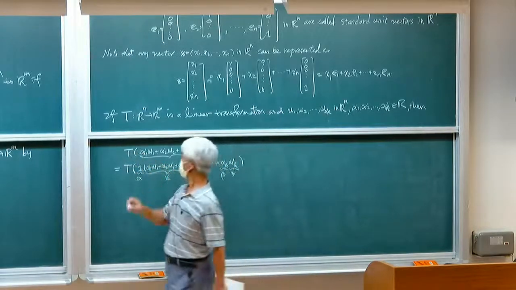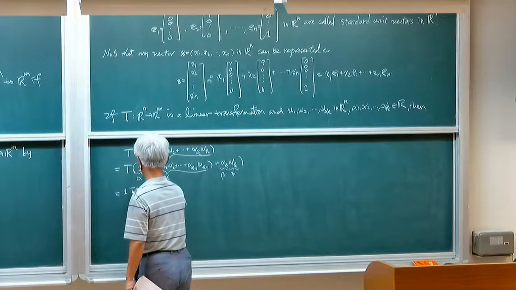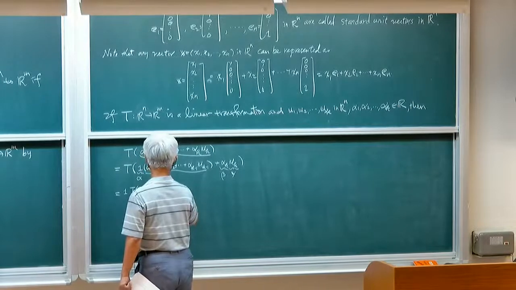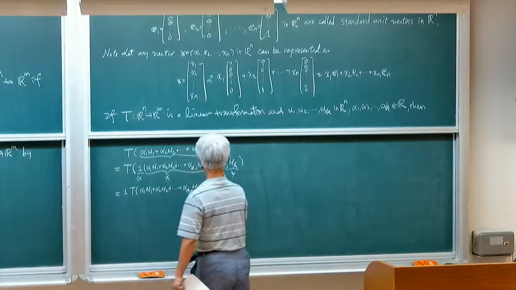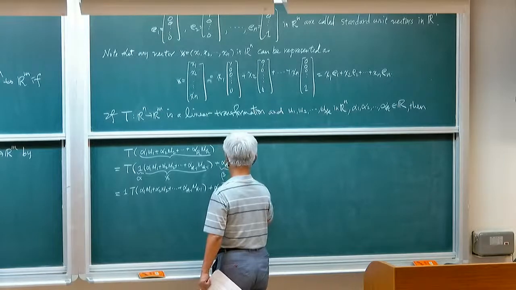So by our definition of linear combination, this is T of alpha 1 u1 plus alpha 2 u2 plus ... plus alpha k minus 1 u k minus 1, plus alpha k T uk.